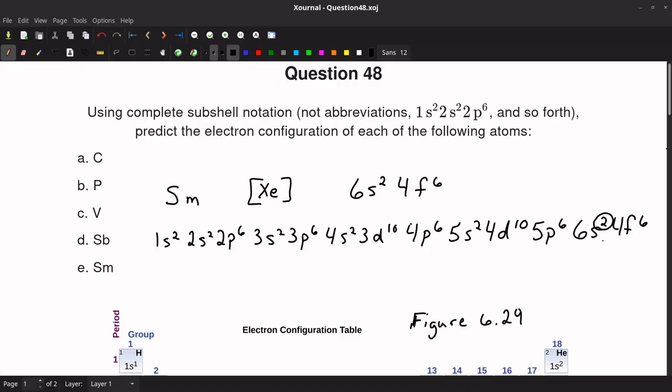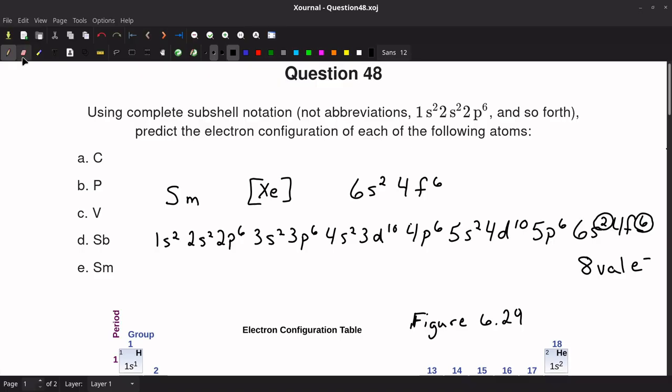The 5d orbitals would count, but we don't have 5d orbitals. We've only got 4d orbitals. Those are the highest ones there. And the n-2 4f orbitals are going to count too. So these guys right here are going to count, and we get a total of 8 valence electrons for that guy.